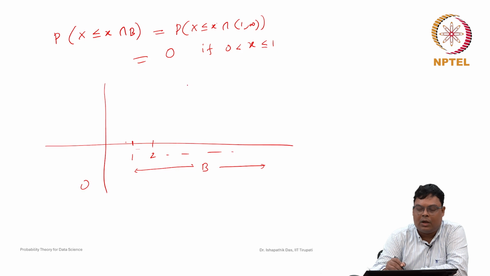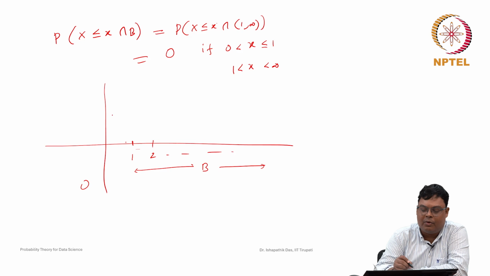Now, what will be the case when x is greater than 1 and less than infinity? Whenever x is greater than 1, we can compute this value. Basically, x is somewhere here, greater than 1.